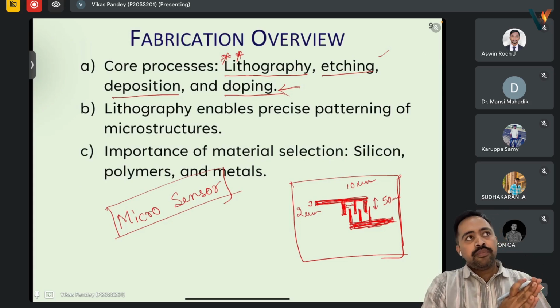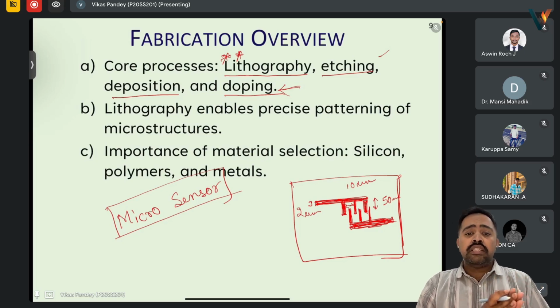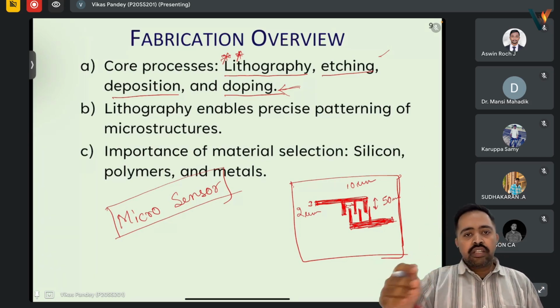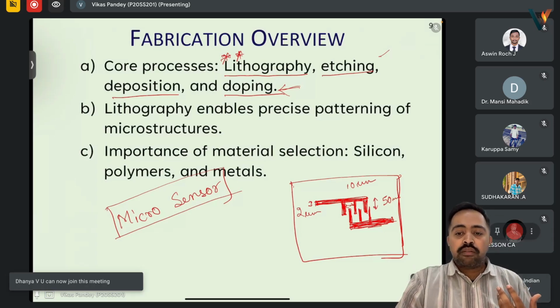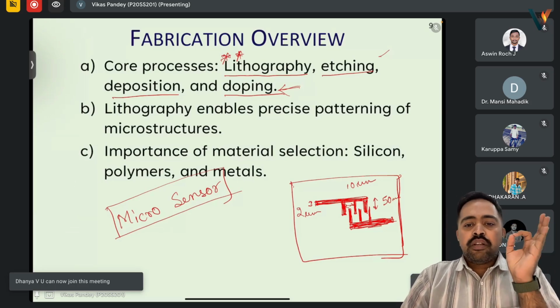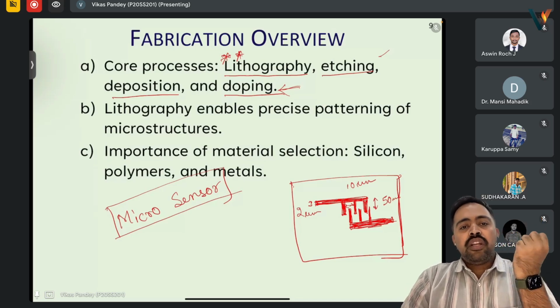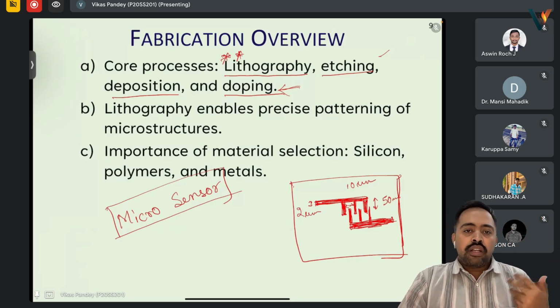Lithography just uses, in this case, since we cannot pattern physically, light as the patterning material. When we talk about light lithography, we specifically call it photolithography. Nowadays, there are more advanced lithography techniques like laser, UV, deep UV, X-ray lithography.